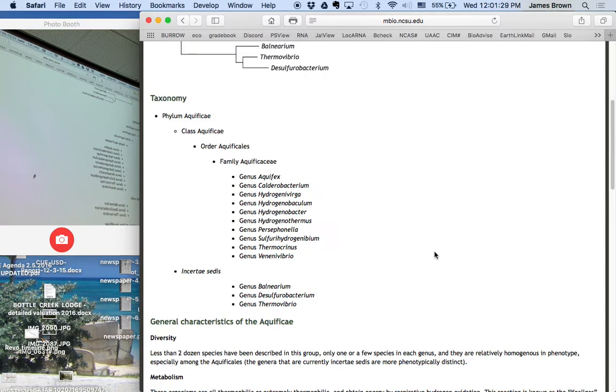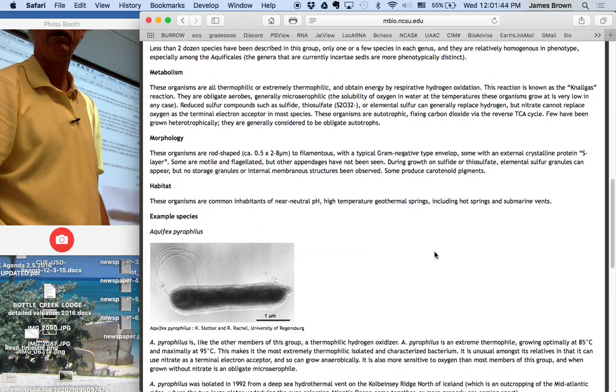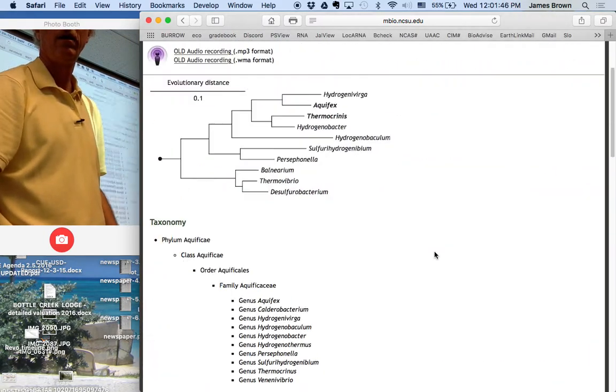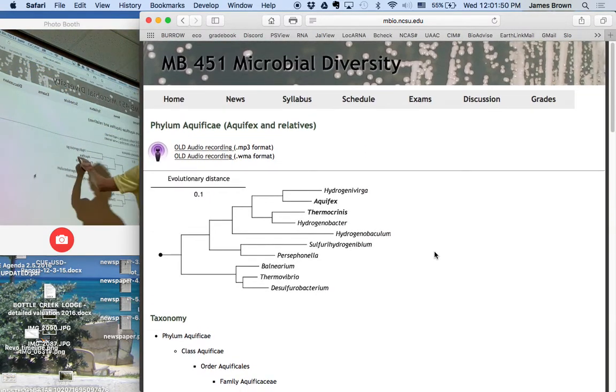There's something like 24 species of Aquificae that have been characterized and named, and there aren't any others. That's all there is. So this is a very small, not very familiar branch of creatures. We're going to talk about Aquificae, and we're going to talk about Thermocrinus.